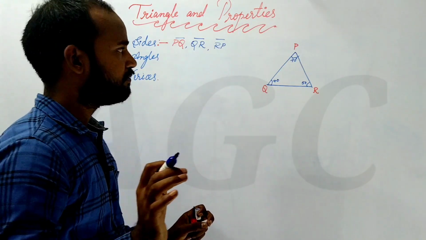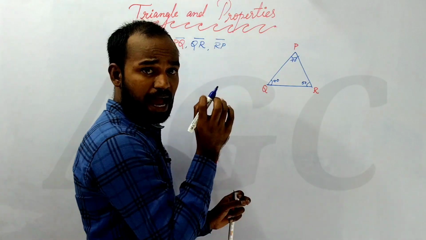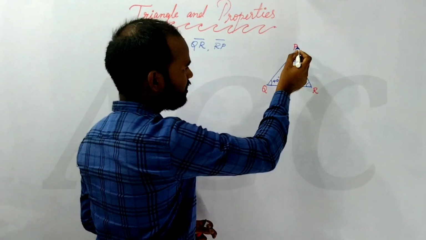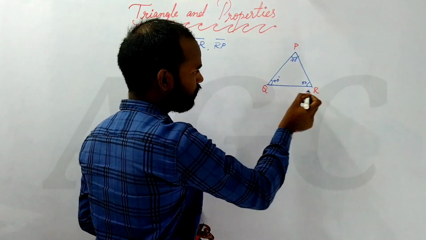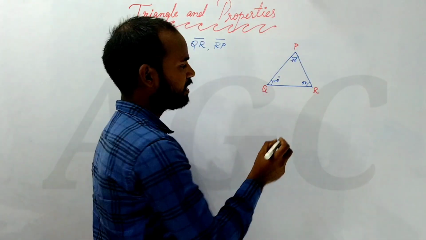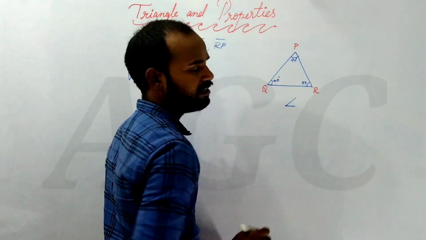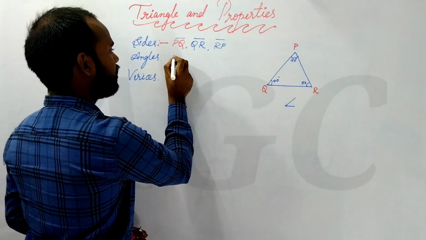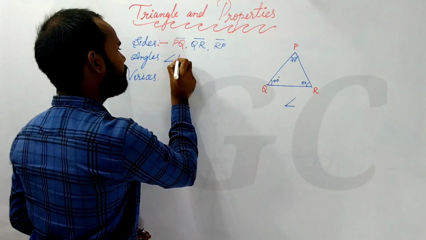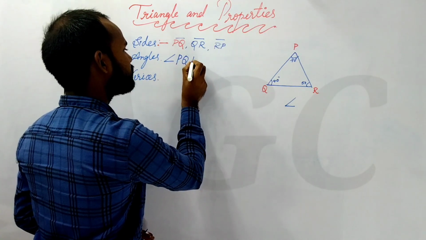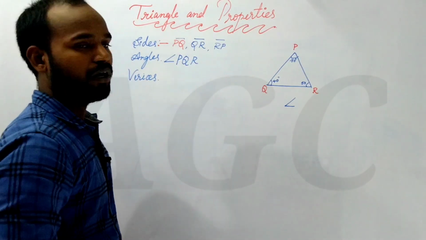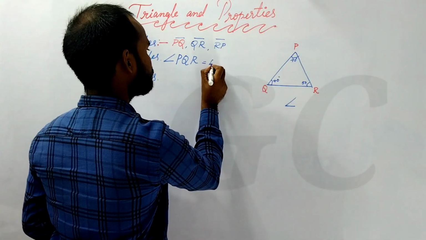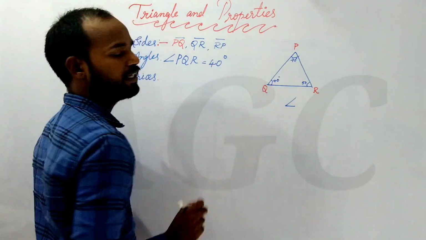Next, angle. Don't get confused here. Taking this 40 degrees, consider this as angle PQR. The angle symbol is indicated by this L-like sign. Angle PQR is 40 degrees.